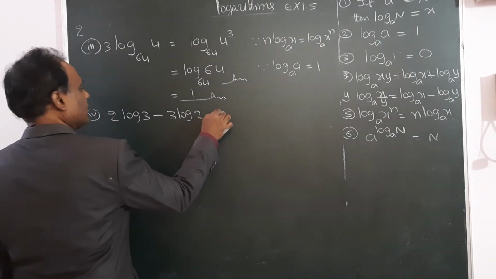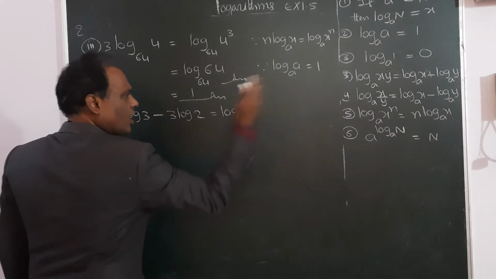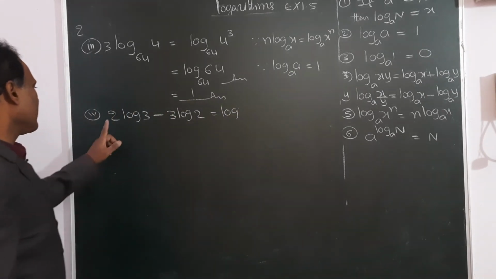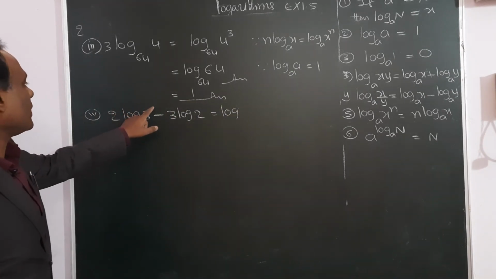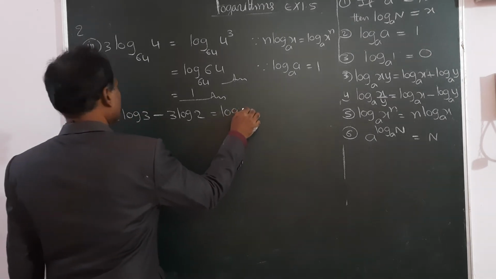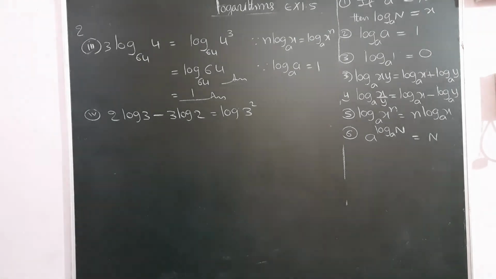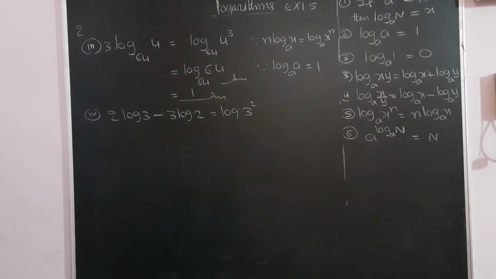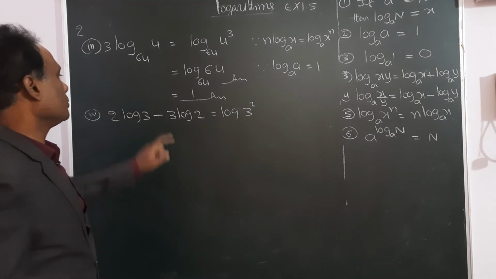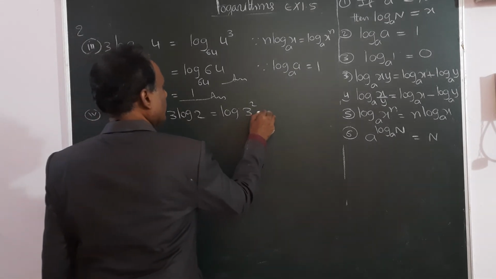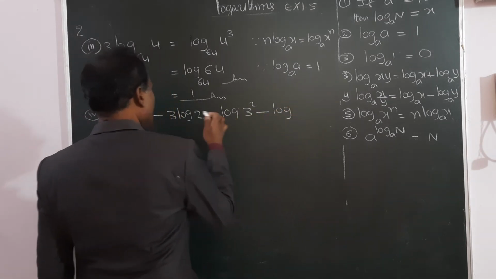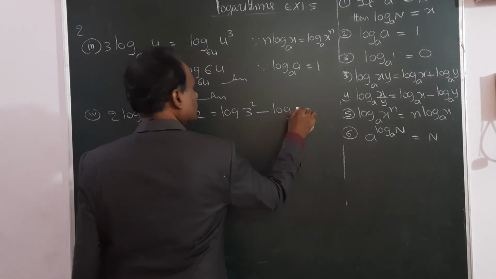Same simplification. All the formulas in reverse order. If it is a multiplication, this will become the power. This 3 power 2, 2 power 3.